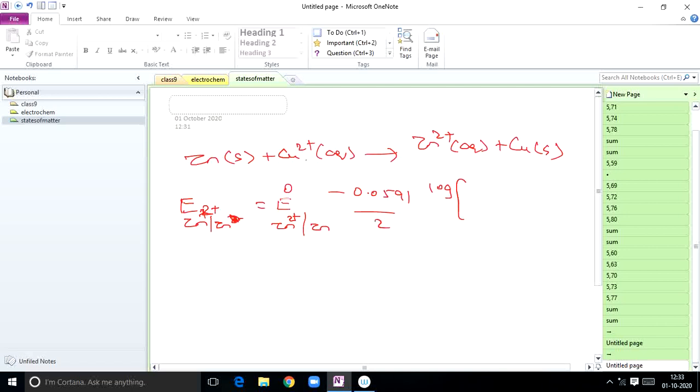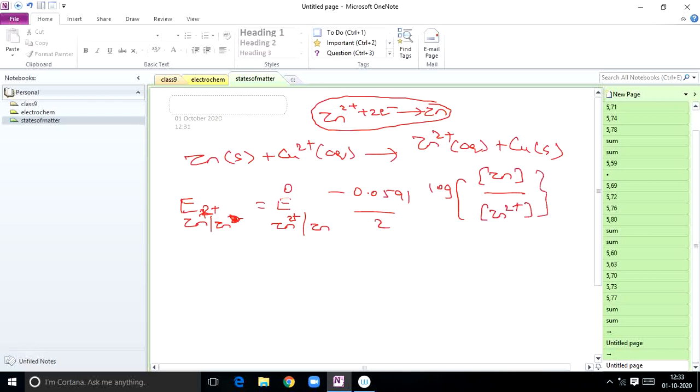See, this is an actual common redox equation. First I am applying for the zinc electrode: Zn2+ + 2 electrons gives rise to Zn, for reduction, because in the Nernst equation we have to apply only reduction potentials. So E Zn2+/Zn is equal to E naught Zn2+/Zn minus 0.0591 by n into log of products by concentration of reactants, applying the law of mass action only for this individual equation.